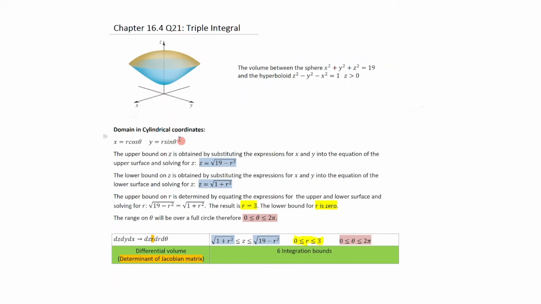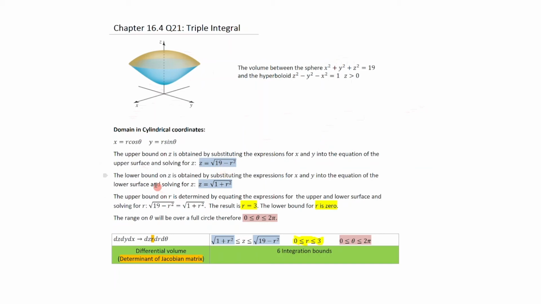All right, domain in cylindrical coordinates, that means we'll use the transformations x equals r cos theta, y equals r sin theta. The upper bound on z is obtained by substituting the expressions for x and y into the equation of the upper surface, which is this one here, and solving for z. And you end up with this answer.